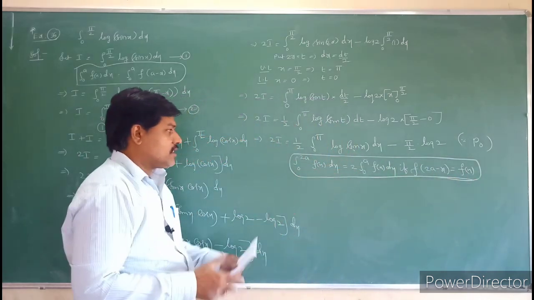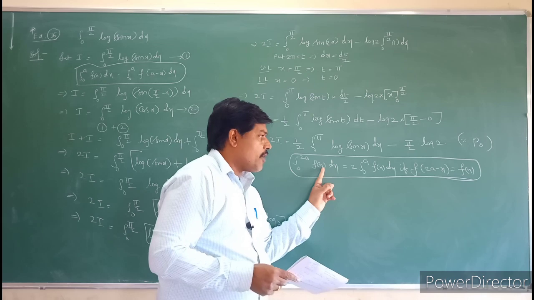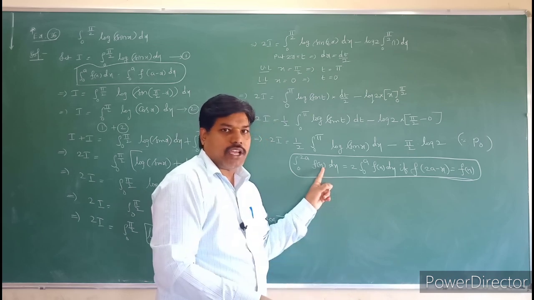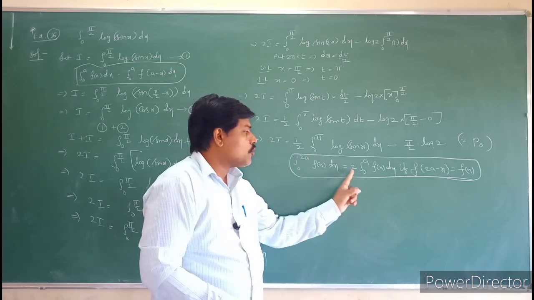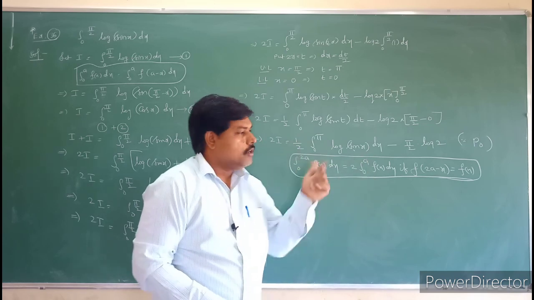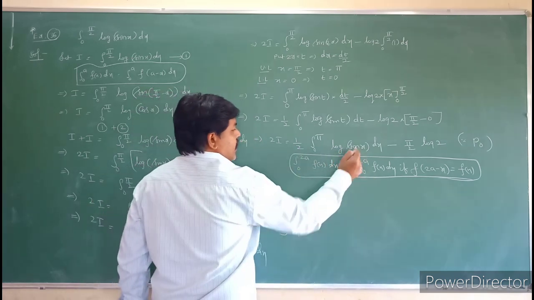If you replace 2a minus x here and you get f of x once again, then this 2a integral you can write as 2 into integral 0 to a.